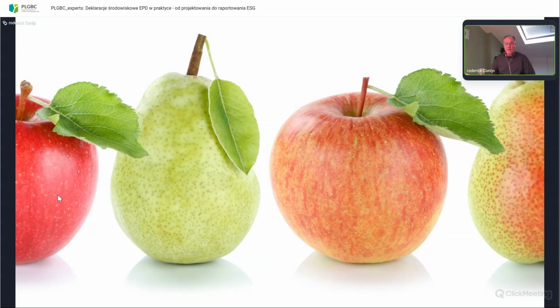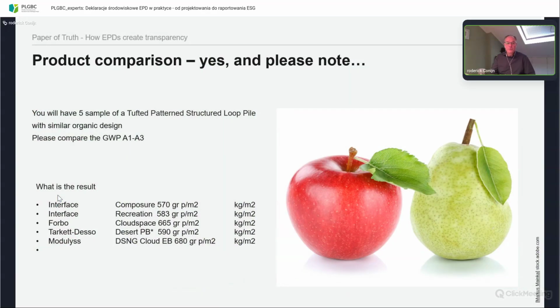In this case, I've used our product Composure, one of our more famous products. It's a pattern structured loop pile with an organic design. And again, I've used the same yarn bracket, so the bracket of 100 grams per square meter.